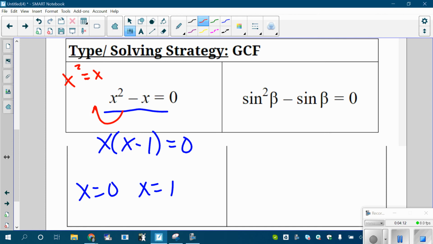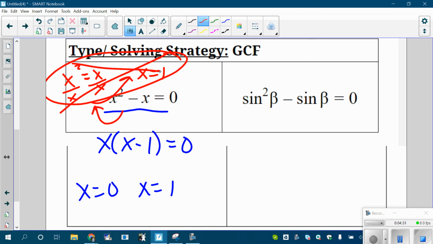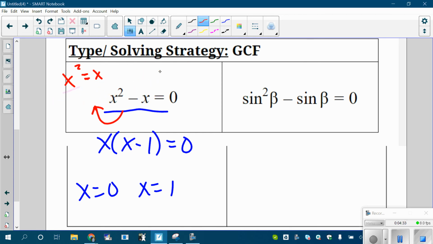Don't do this. Don't add the x over and divide both sides by x. I know somebody did this. You get x equals 1. What happens when you do that is that you miss a solution. You might remember from your algebra classes, you never divide by x when you're solving an equation. That's just an algebra rule.